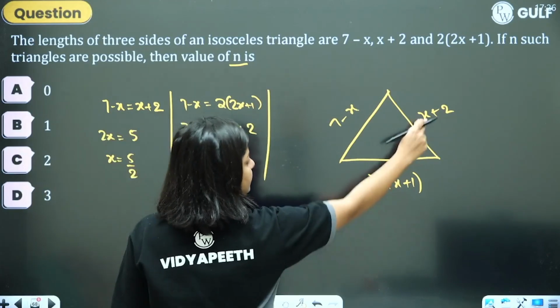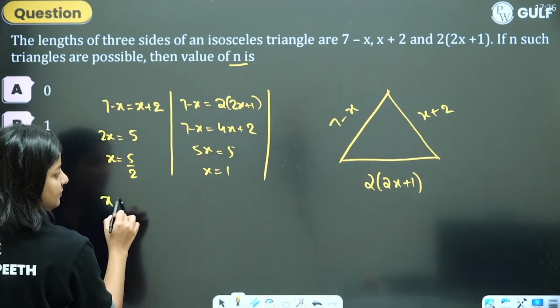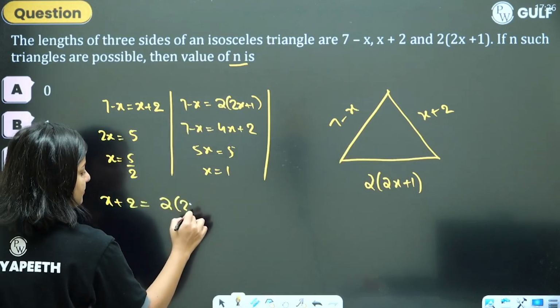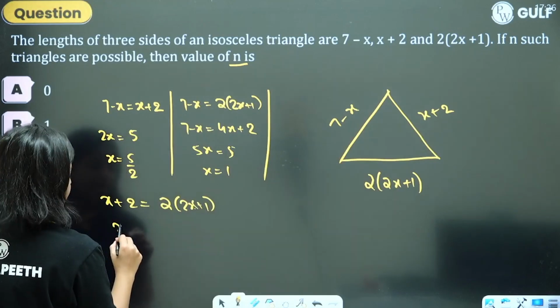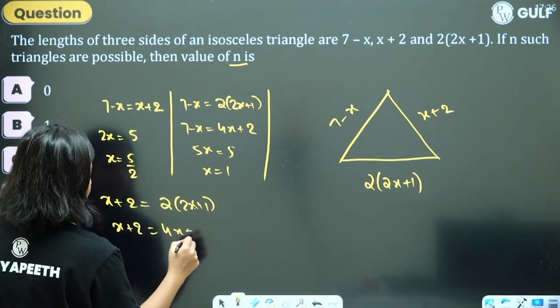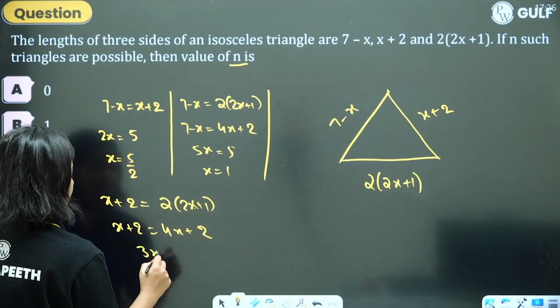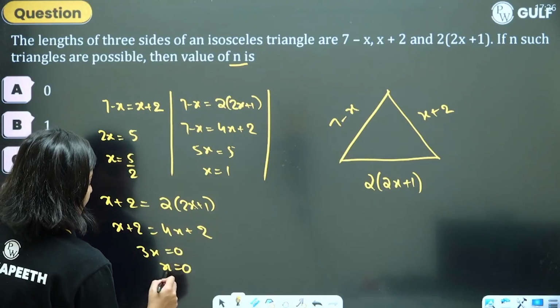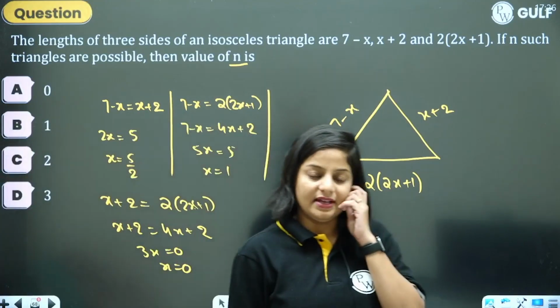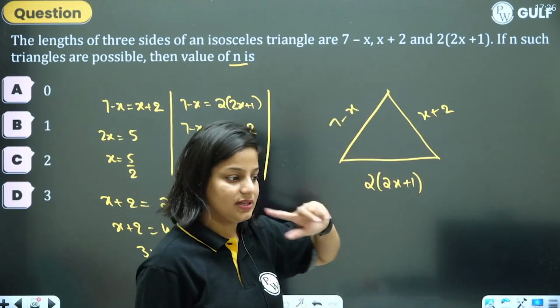And if I consider these 2 sides to be equal, x plus 2 is equal to 2 times 2x plus 1. x plus 2 is equal to 4x plus 2. 3x is equal to 0 or x is equal to 0. Now we're getting 3 values of x for which this will be an isosceles triangle.